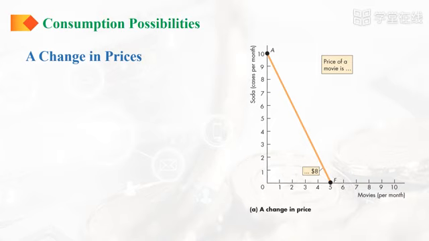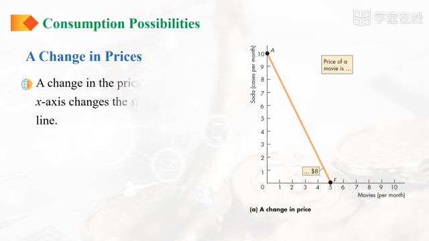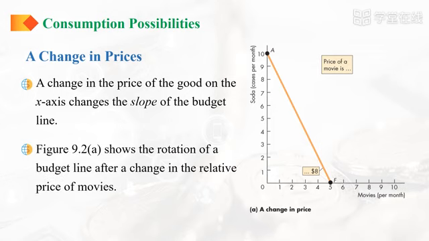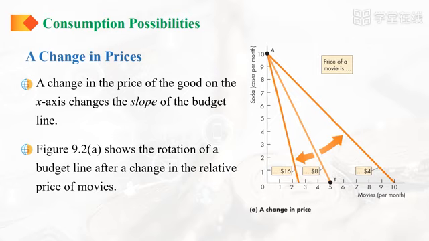In the last chapter, we discussed that if goods' prices or income change, Lisa would change her consumption. Here, we will further consider relative price and real income to make predictions. First, a change in the price of the good on the x-axis changes the slope of the budget line. The figure shows the rotation of a budget line after a change in the relative price of movies.